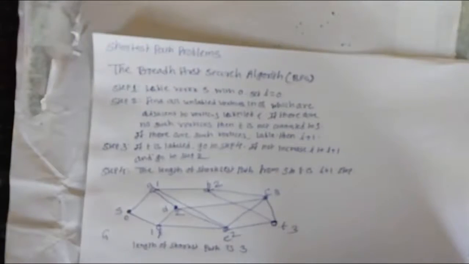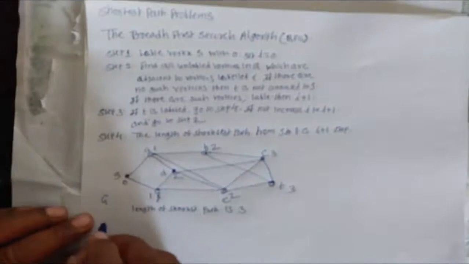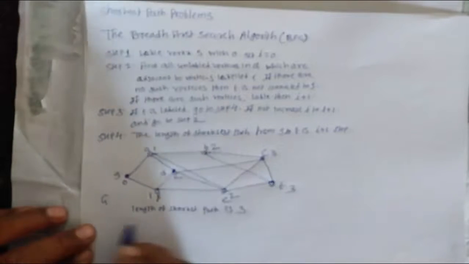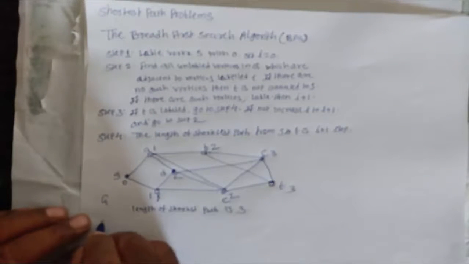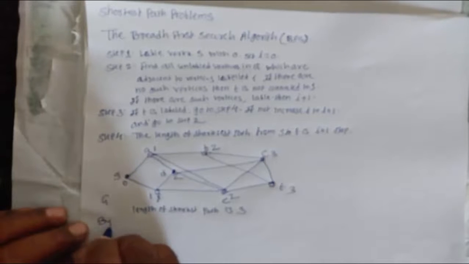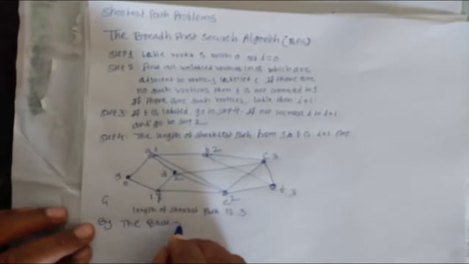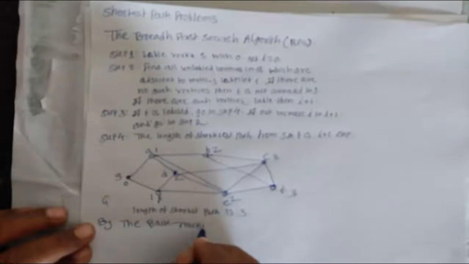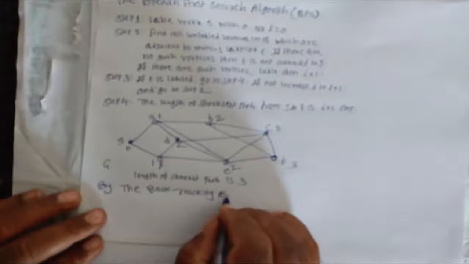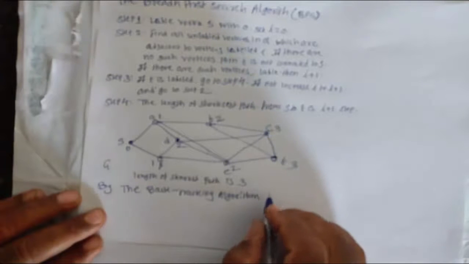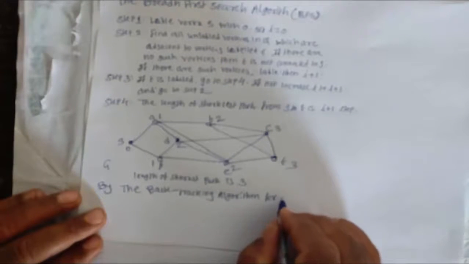Now again see here, to actually find a path. This is the length of the path, but we use the backtracking algorithm for the shortest path.